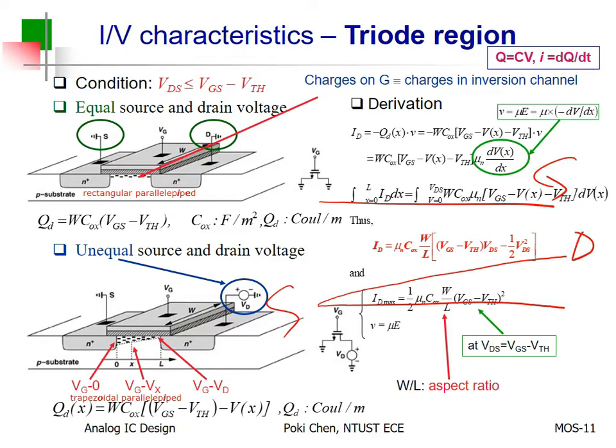What I told you: for each point of the channel, here, over there, I don't care, how much depth it has depends on the voltage difference between the gate and the potential of this point.